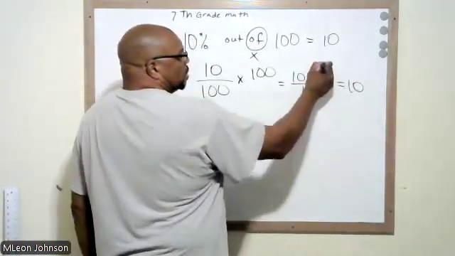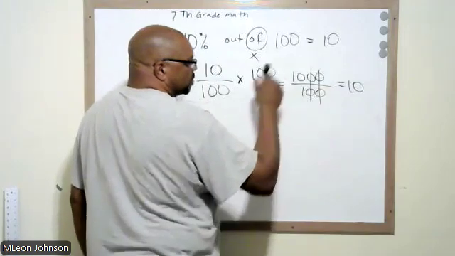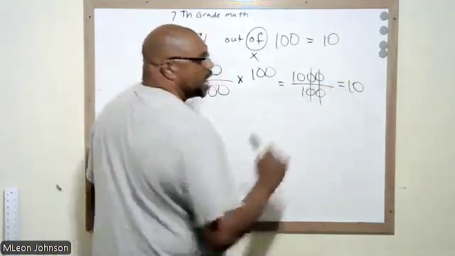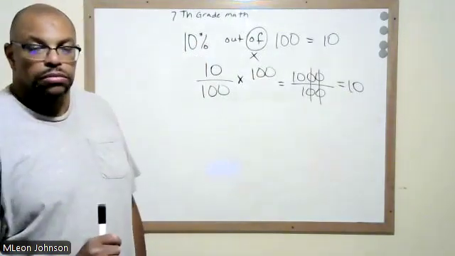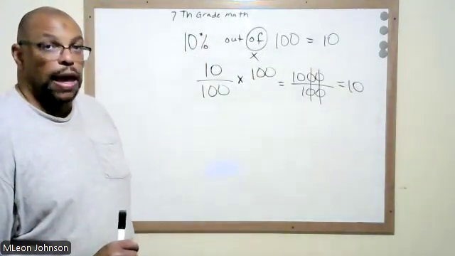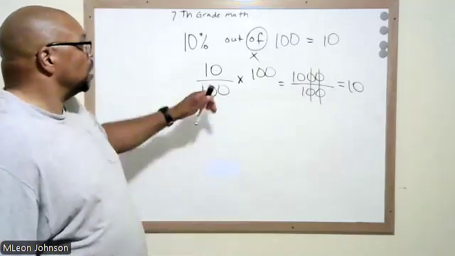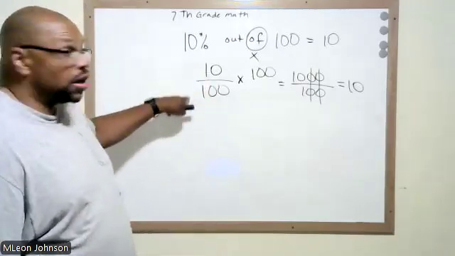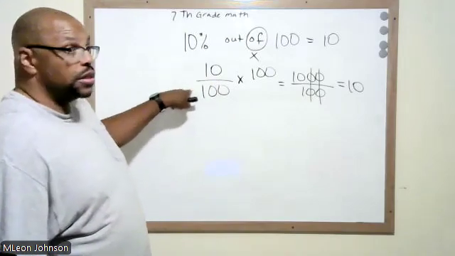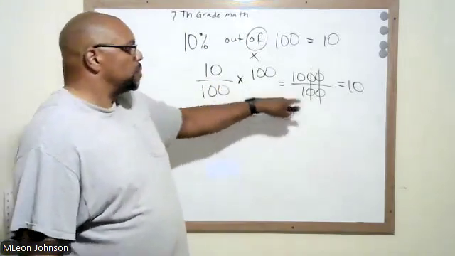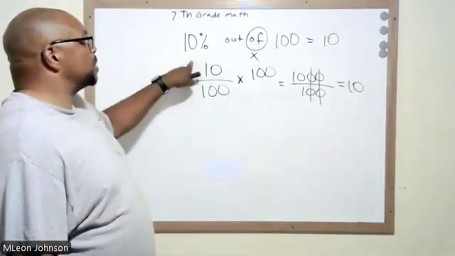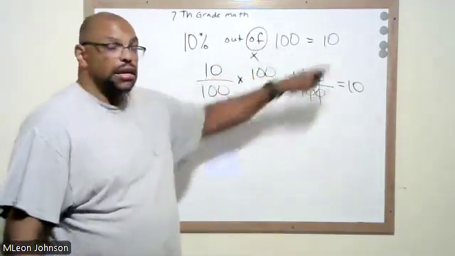Well, this is how it goes. 0 cancels out 0, 0 cancels out 0. 10 over 1, 10. That's how it goes. Okay? So I just proved to you that I multiplied 10 out of 100, or 10 hundredths times 100, gives me 10. So 10% of 100 equals 10.